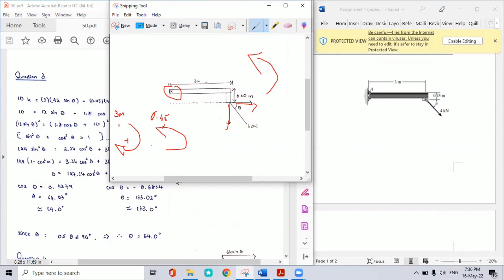So you can see that it is going against the setup I have set. So this one is positive and this one is negative.